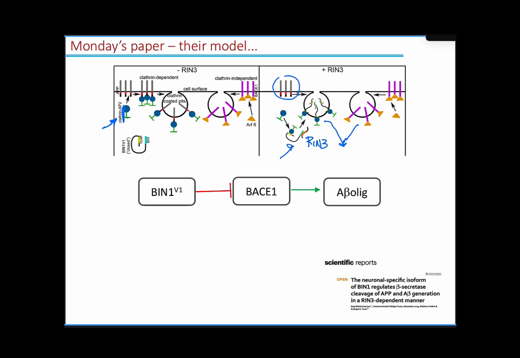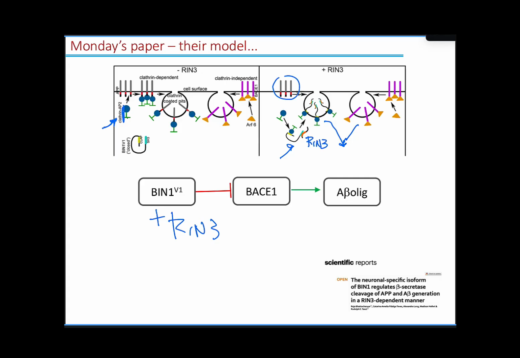the presence of BIN1 V1, which is to say plus RIN3, can explain the inhibition of BACE1, which would normally be involved in generating A beta oligomers. But if you inhibit somehow BACE1 activity, obviously that's going to lead to less formation of oligomers, right? And this whole thing in turn explains why there's been this observed negative correlation between the expression of BIN1 V1 and Alzheimer's disease, right?